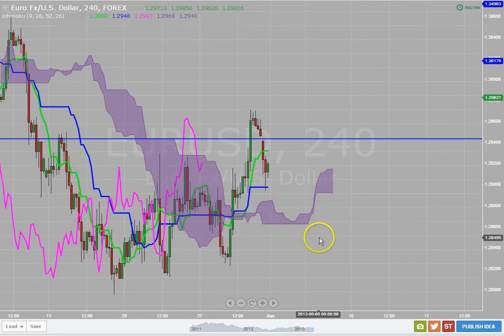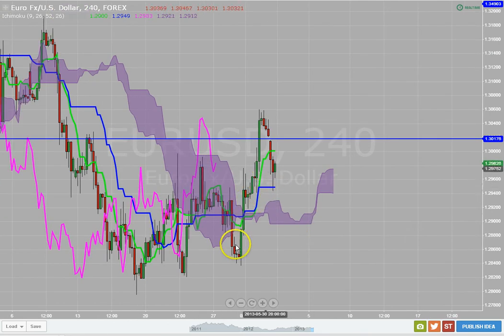But here we go. What we like to see here is, now this is going to be a 50% retracement level right here, right where that Kijunsen is, and you can mark it all the time. I don't even have to do this because I know that this is a 50% retracement level, and I can see price pulled back 50% and then it took off. Now price does that on all time frames, so that's why we look at that Kijunsen as our pullback level off of the correction.